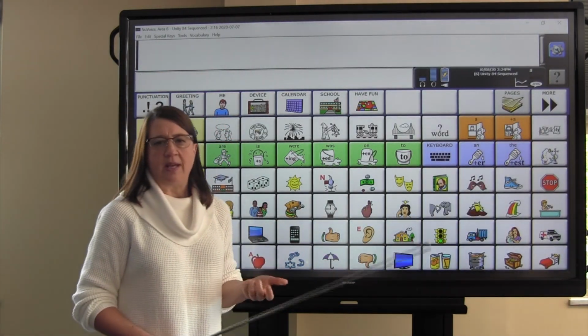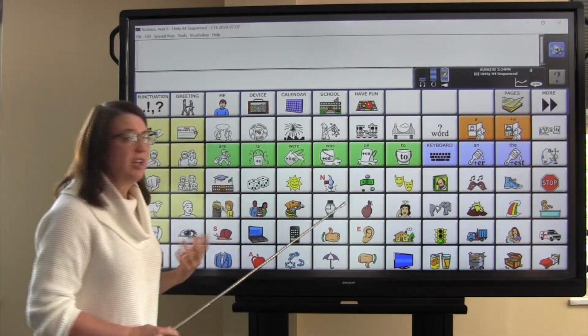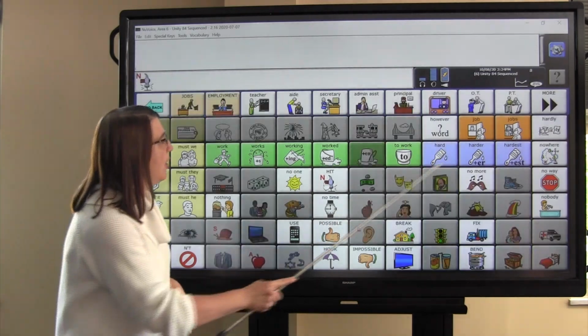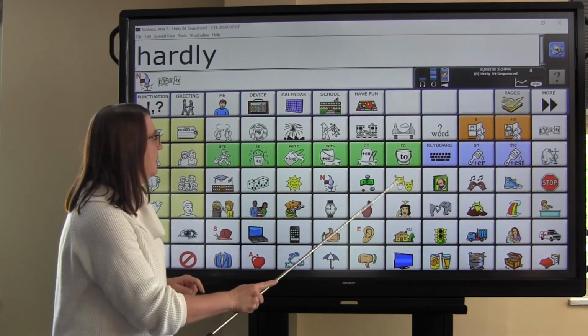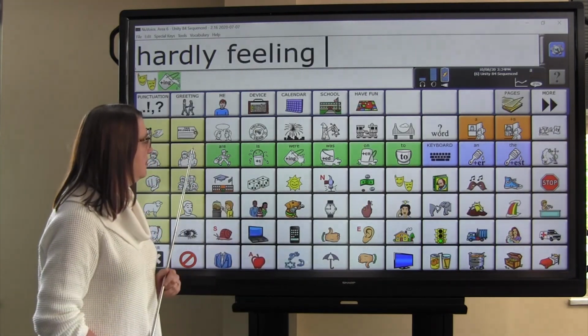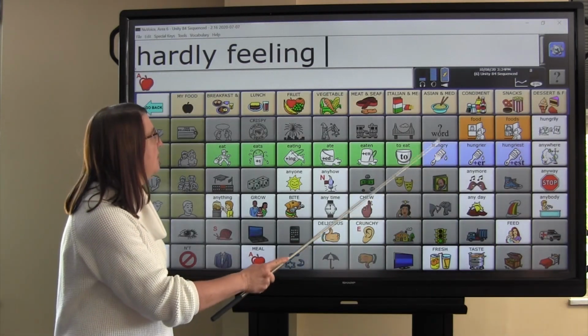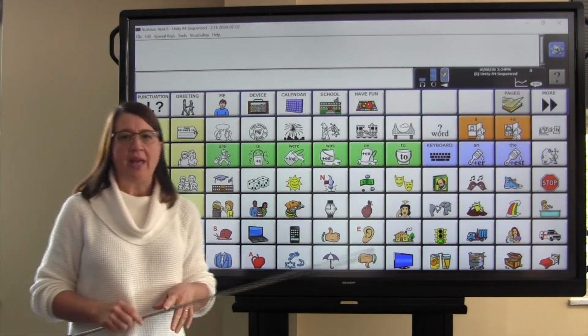We could say hardly hungry, right? Hardly feeling hungry. Let's do. So we're going to start with our hammer for hardly. Hardly. Feeling. Hungry. Apple plus adjective. Hungry. Hardly feeling hungry. Okay.